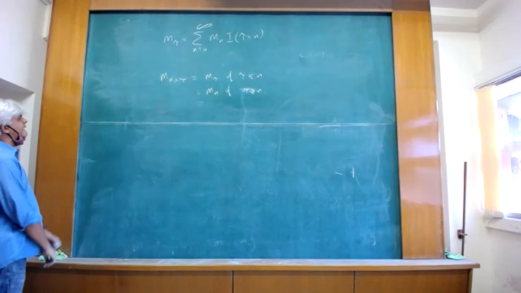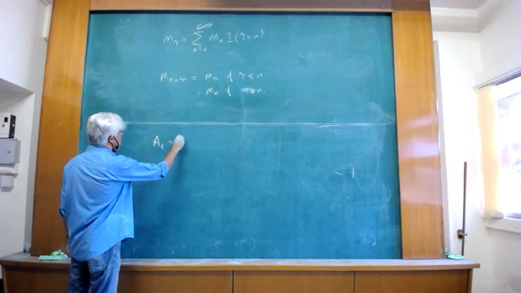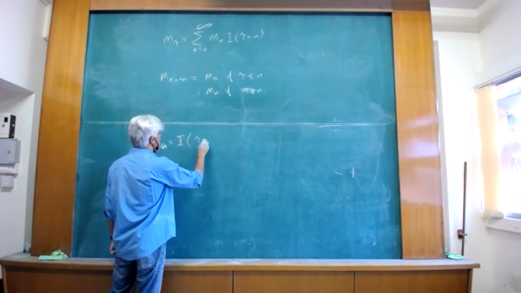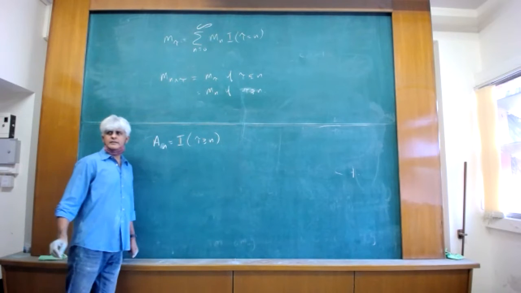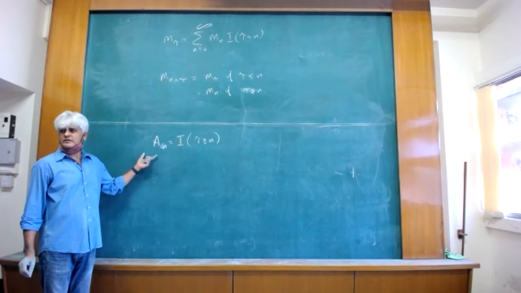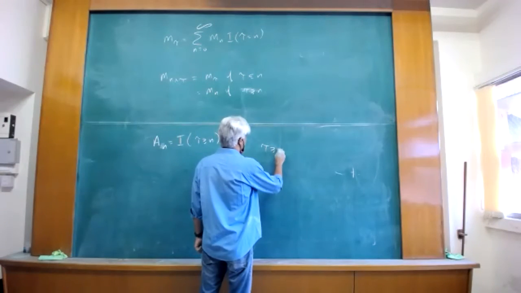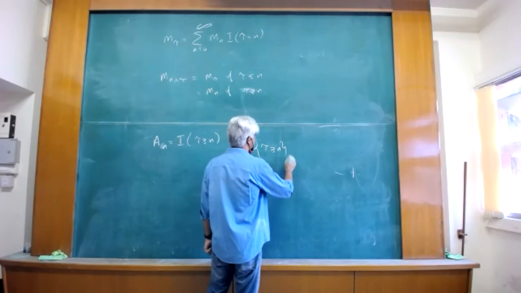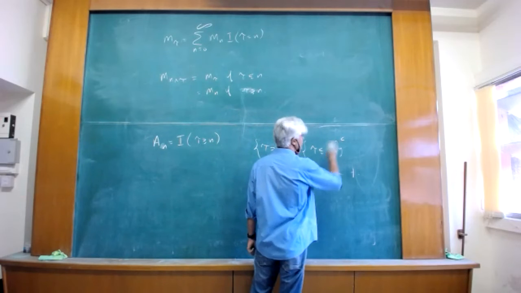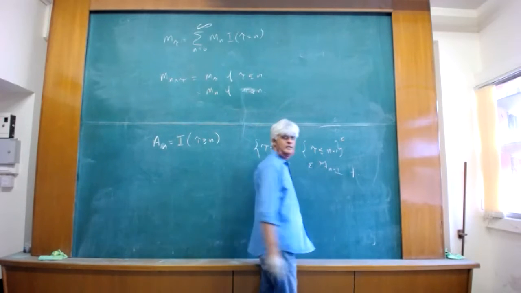All right. So why is that the case? What you do is you take your A_n to be the indicator that tau is greater than or equal to n. So A_n is bounded, that's fine. Now you know the event tau greater than or equal to n is equal to the complement of tau less than or equal to n minus 1, and this belongs to F_{n-1}.